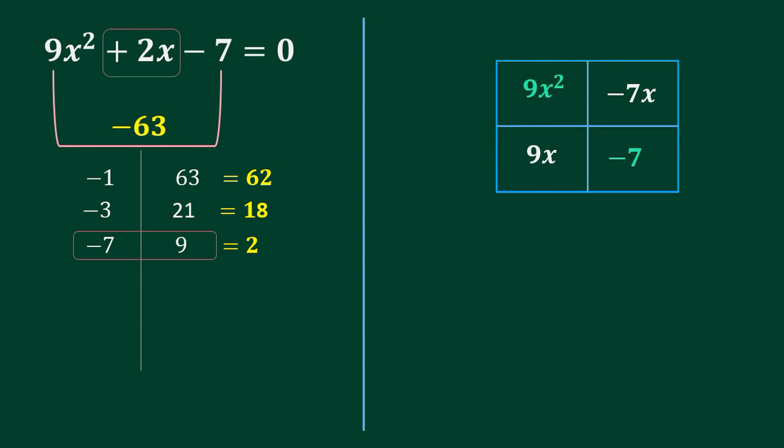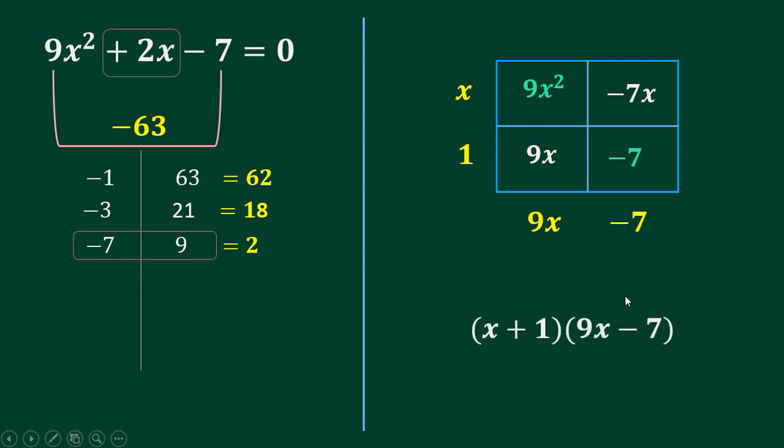Then look for the greatest common divisor. 9 and 7, just 1, so we have x. 9 and 7, that's 1. 9x squared and 9x, so that's 9x. Negative 7 is divisible by negative 7. Then this is your factor: x plus 1, then 9x minus 7.